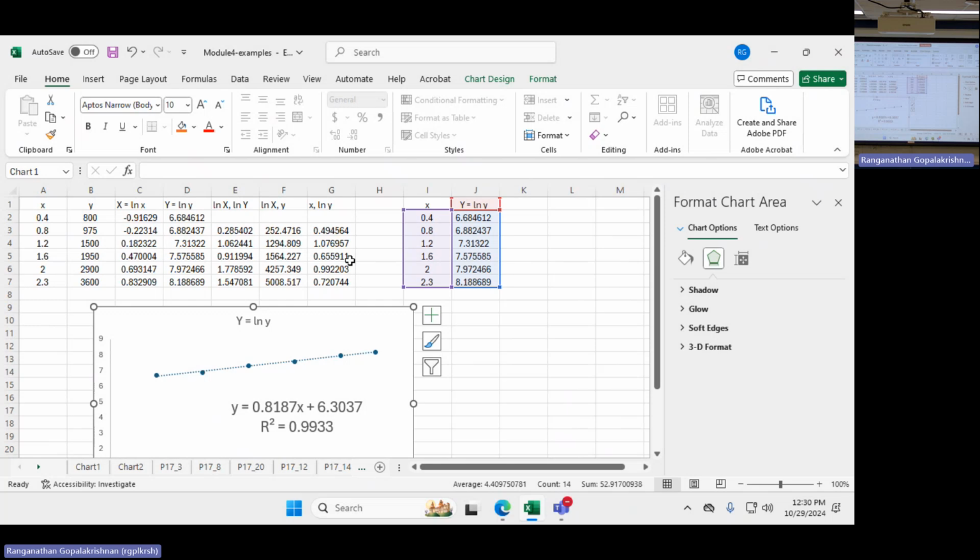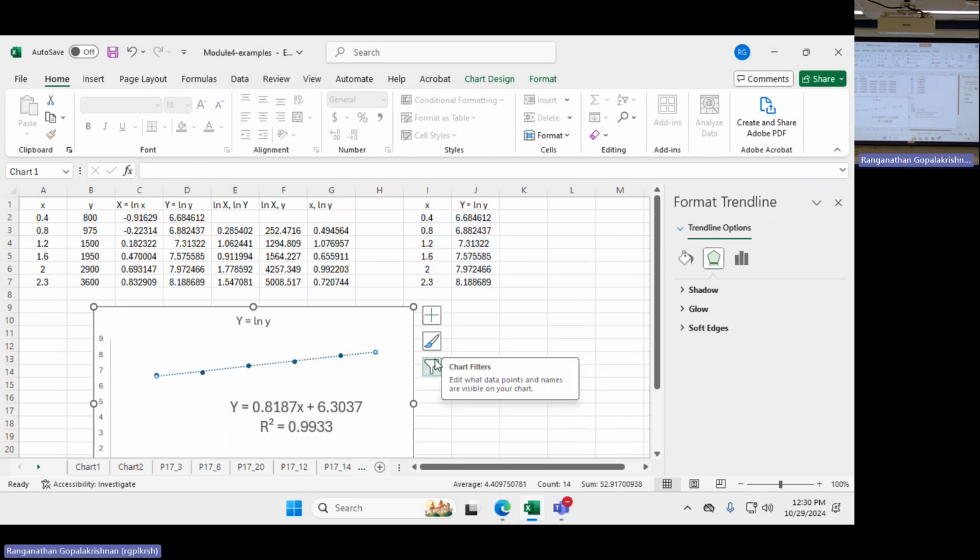Okay, so you got M and B, 0.82 and 6.30. How do you now interpret that M and B? What is this relation between? This Y is uppercase Y. I should write this as uppercase Y. Uppercase Y is 0.81 times X plus 6.30.